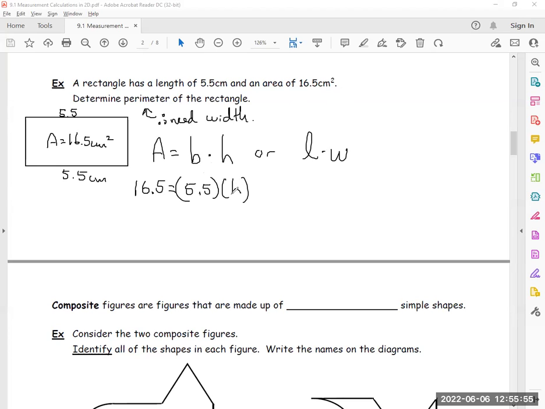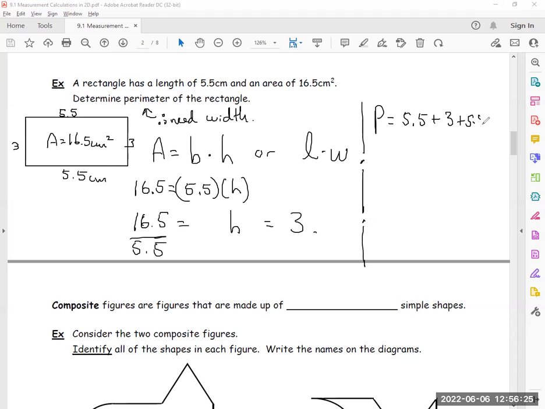The reason I'm asking for the formula is because I want you to show me all the algebra. Good, which gives you 3. There, my height is a 3. That's a 3. That's a 3. Therefore, finish the question. Perimeter is 5.5 plus 3 plus 5.5 plus 3. That is 8.5 times 2, 17 centimeters.